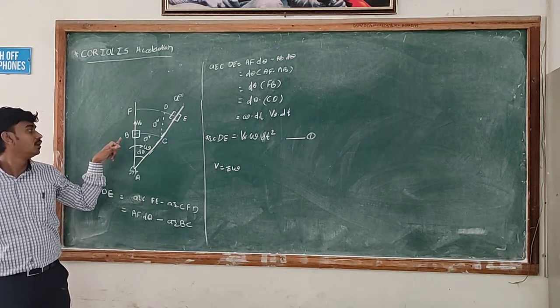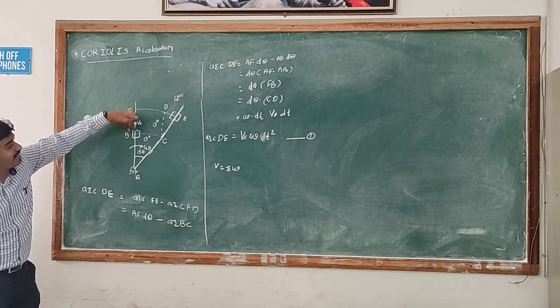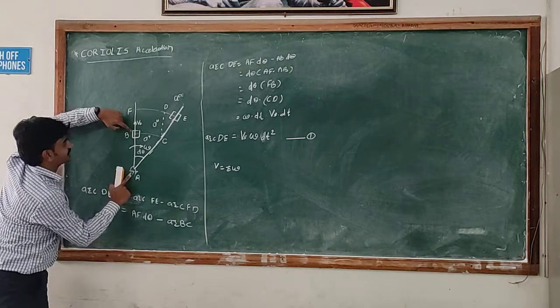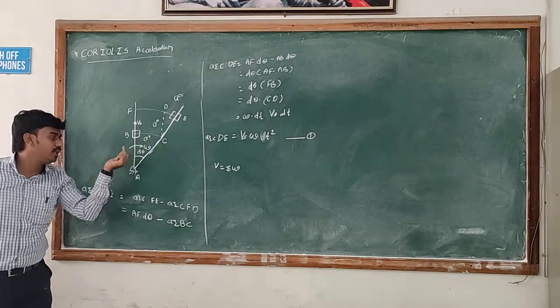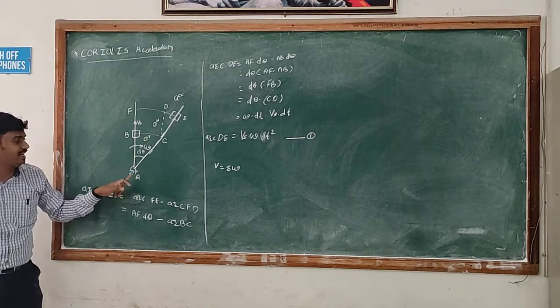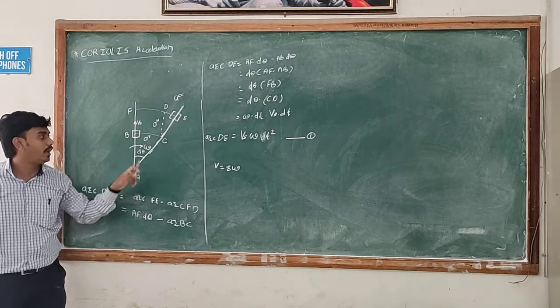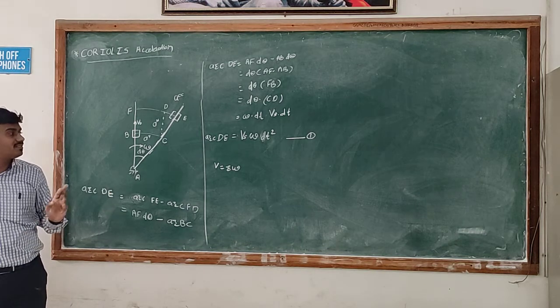If we consider when the slider is at position B, R means the distance AB. When the slider is at position B, then R is equal to AB, and when the slider is at position E, then R is equal to AE.